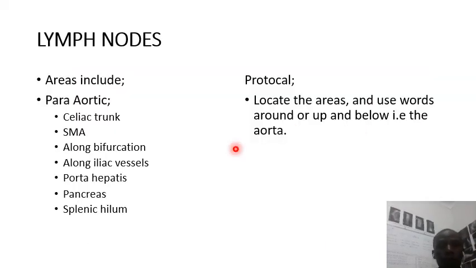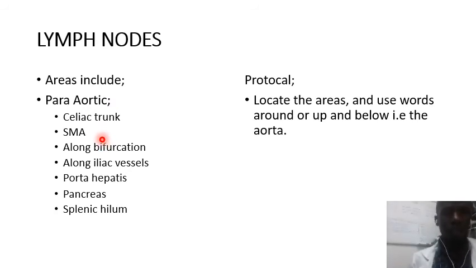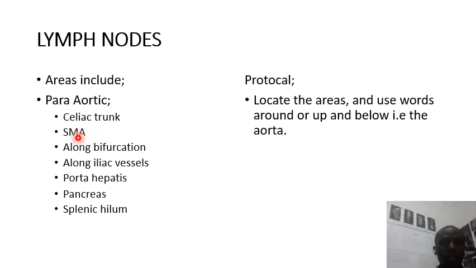Okay, so for the lymph nodes, I didn't actually put in the sonograms, but if you have been following my protocols from the liver up to where we've reached, then you know these areas. So para-aortic, you just follow the aorta and you look at the celiac trunk, around the superior mesenteric artery, along the bifurcation of iliac vessels, then at the porta hepatis, around the pancreas, around the splenic hilum.